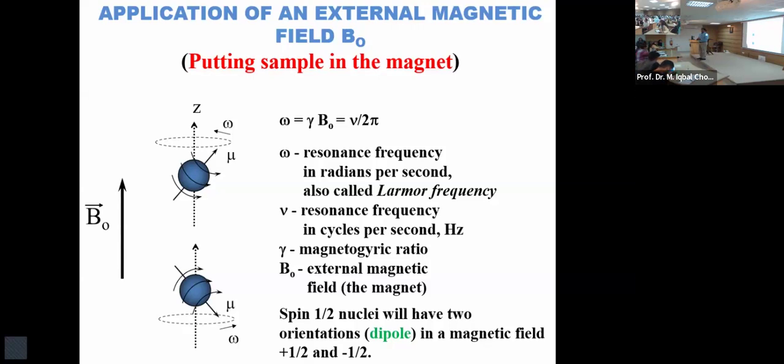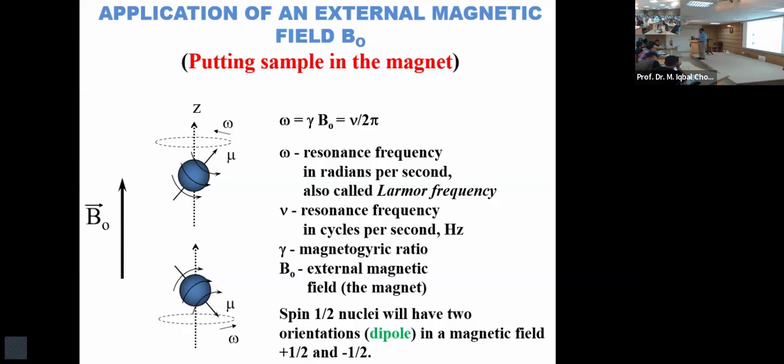Yes, okay, in the absence of magnetic field, there is no precession. In the absence of magnetic field, there is only spin around their own axis, in every direction. When you place these nuclei or your sample in a magnetic field, the nuclei spin along with the axis, and they also start precession.